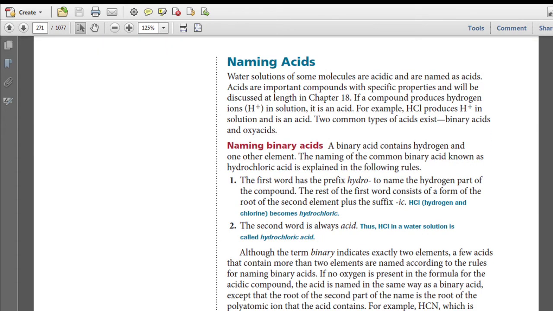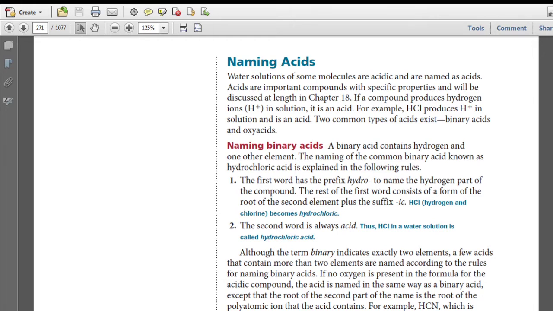Water solutions of some molecules are acidic and are named as acids. Acids are important compounds with specific properties and will be discussed at length in Chapter 18. If a compound produces hydrogen ions, which is H+, in solution, it is known as an acid. For example, HCl produces hydrogen ions in solution and is an acid.